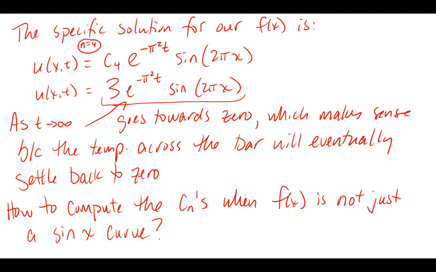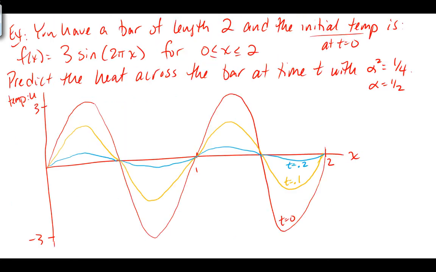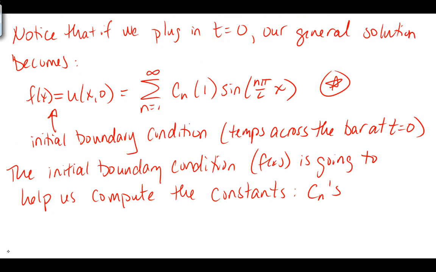This is an infinite sum. If you don't have something that lines up nicely with that, how do you make these equal? I'm still going to use the fact that f of x, whatever f of x is, has to line up with star, with these guys.